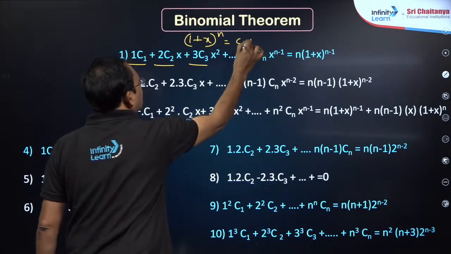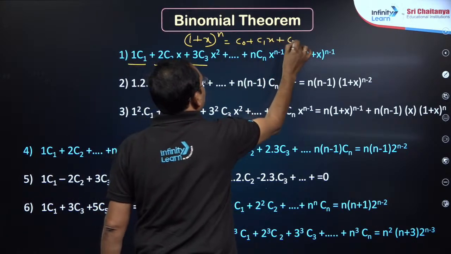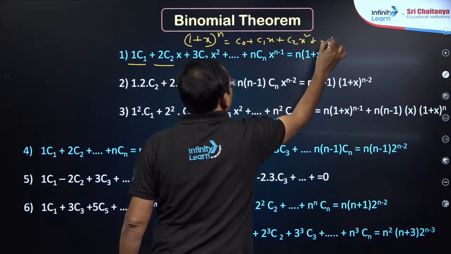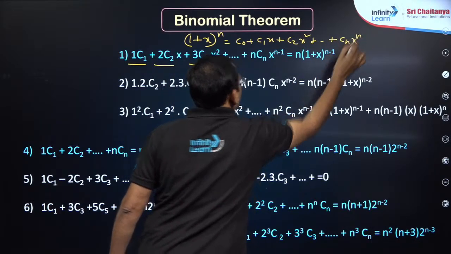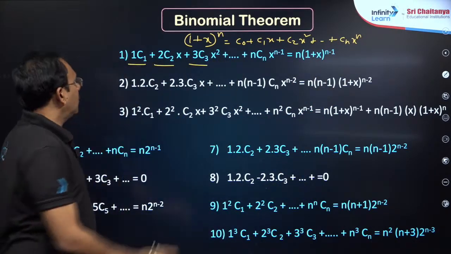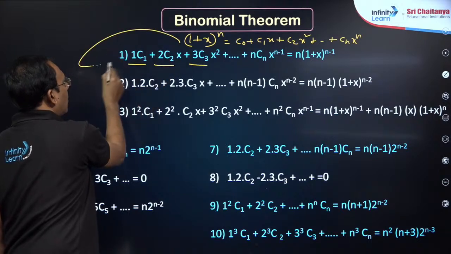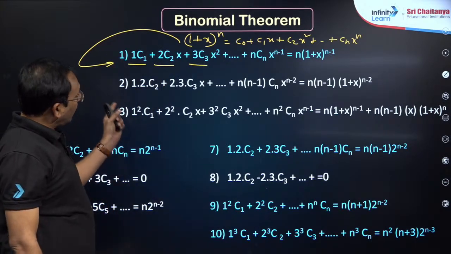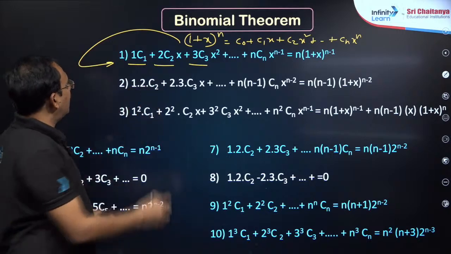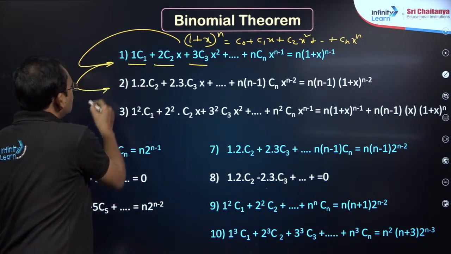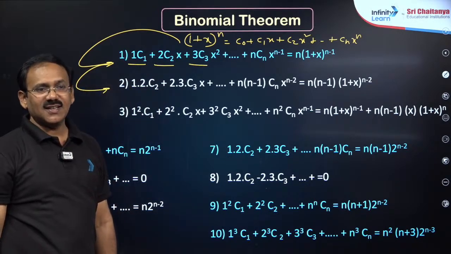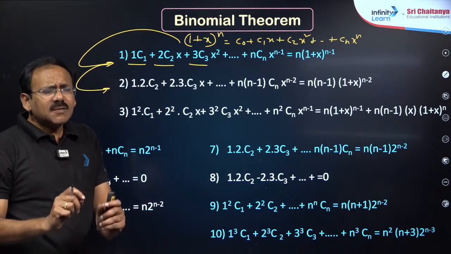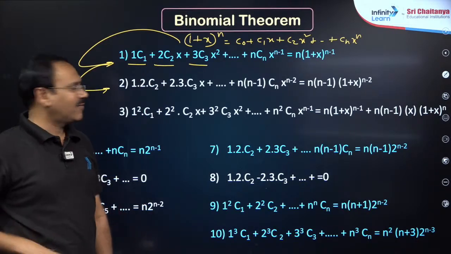The expansion will be, my dear friends, C0 plus C1x plus C2x square and so on up to Cn x power n. For this expansion, if you take the derivative on both sides, you will get this. Again, if 1 into 2, 2 into 3, means you take the derivative of this, you will get this, my dear friends. Simple observation. That point is enough to answer this, my dear friends.